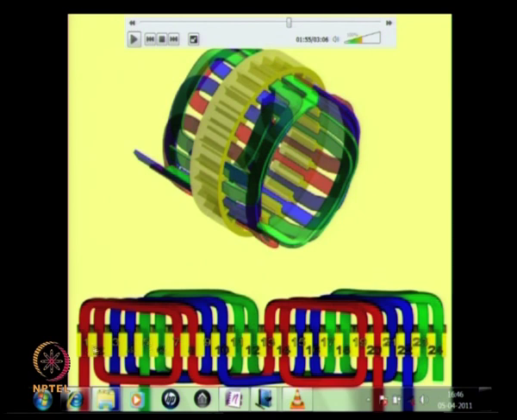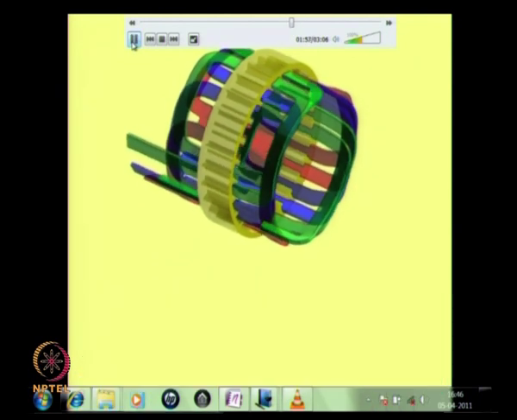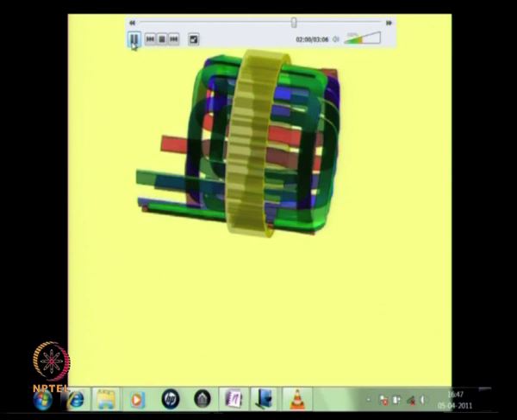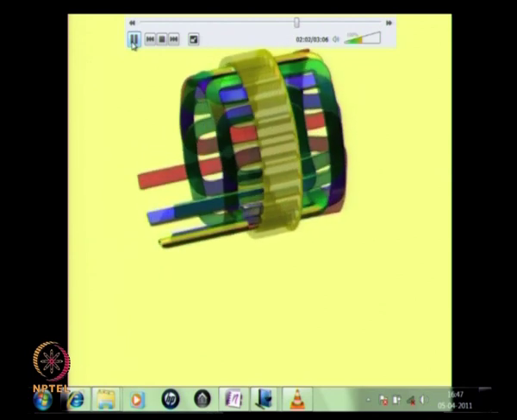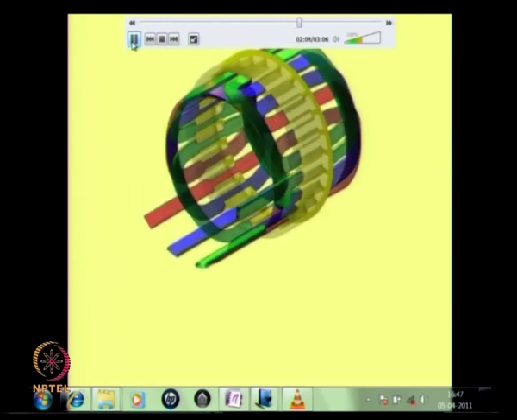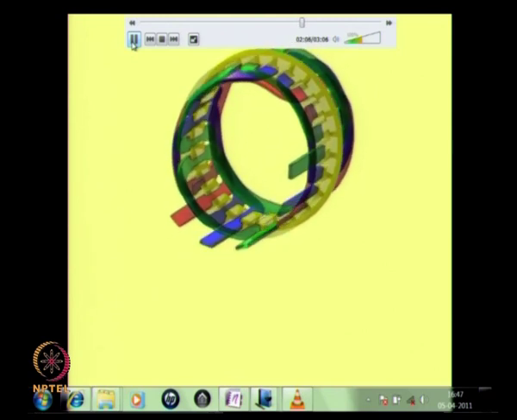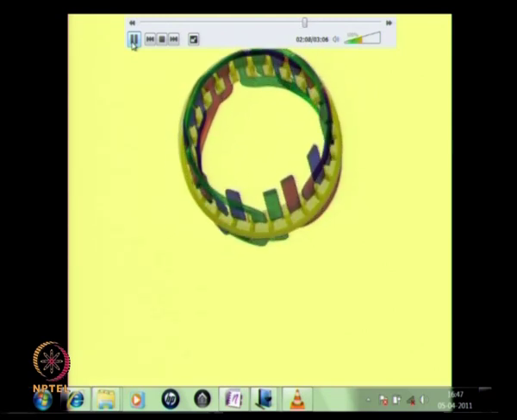So, the winding is now distributed over 2 slots, and this figure here shows how the finished armature stator is going to look like. So, now let us continue with the animation. So, one can now see how the stator will look like from various views.